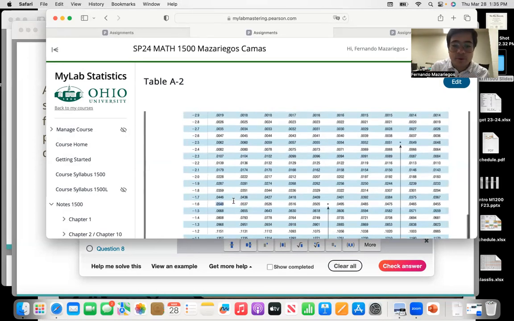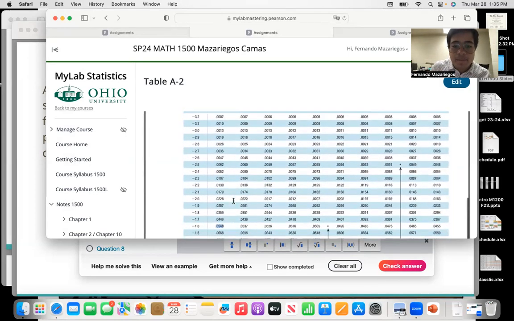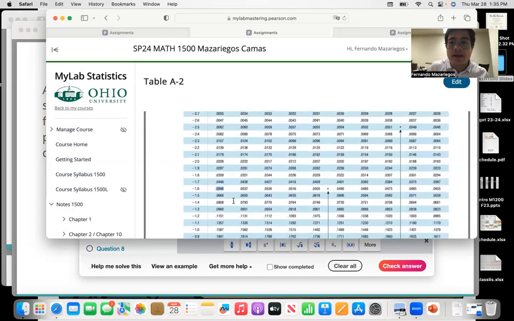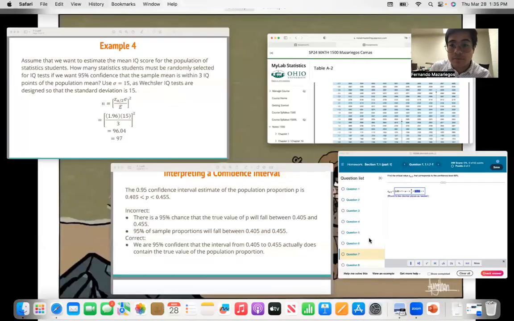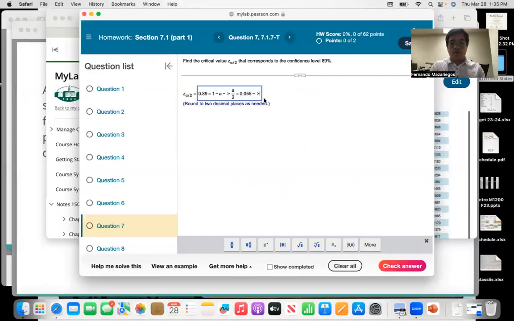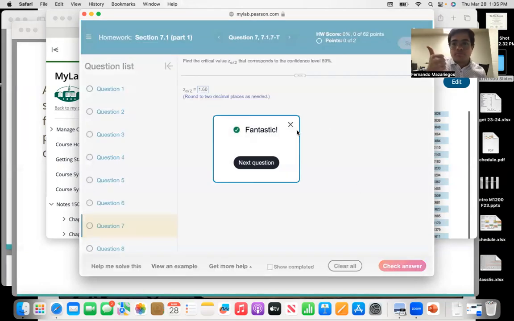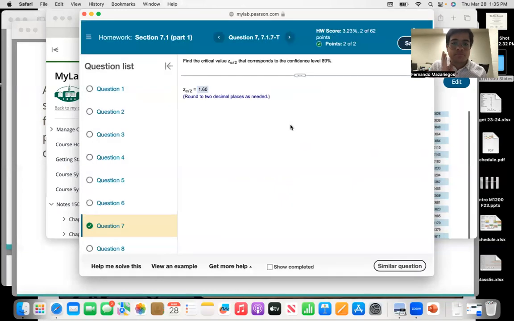So that is negative 1.60 even. And we have to make it positive. Remember, this will always be a positive number. So that is our final answer. Let's check. Fantastic. So we've been doing this like in chapter 6. They're asking us for a Z-score with an area of alpha over 2 to the right.